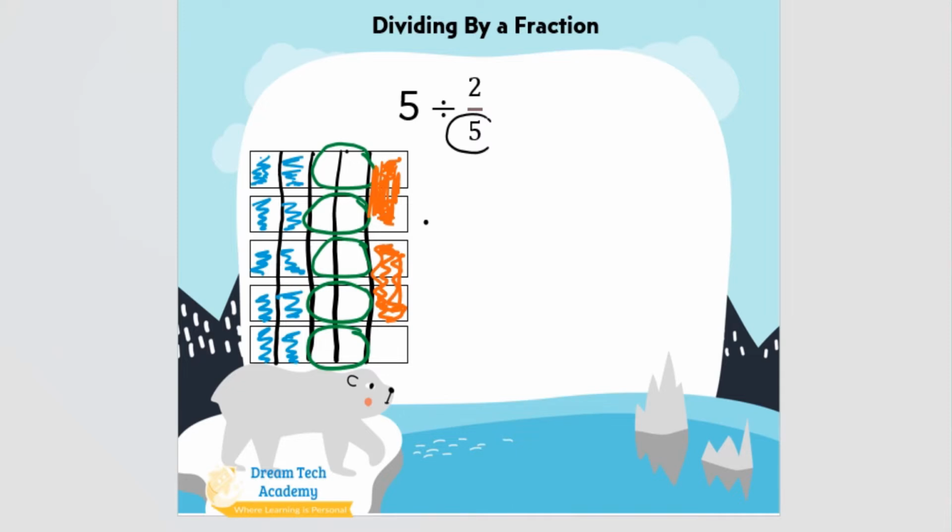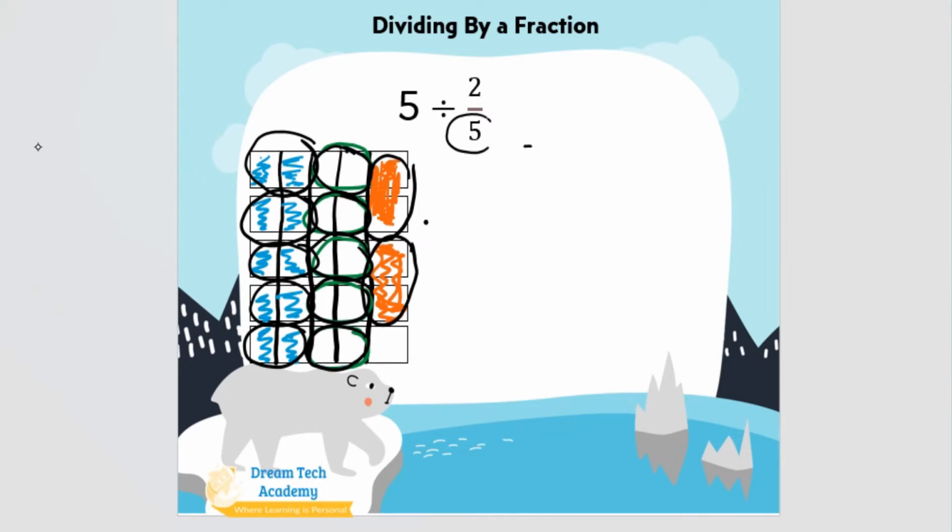So let's go ahead and count up how many 2/5 I can get out of 5 wholes. I have 1, 2, 3, 4, 5, 6, 7, 8, 9, 10, 11, 12.